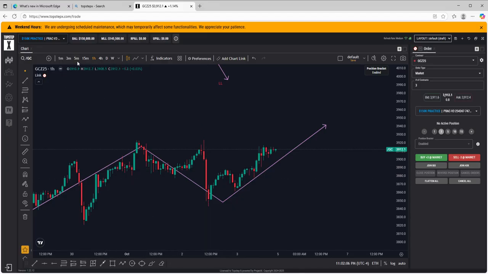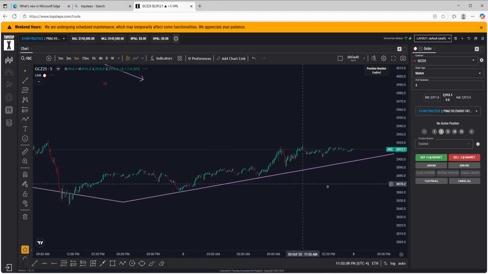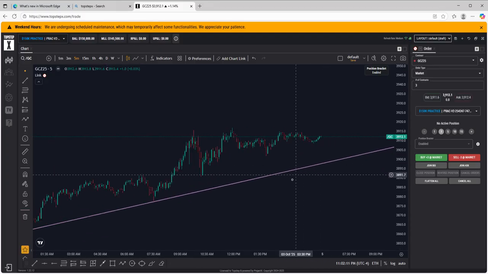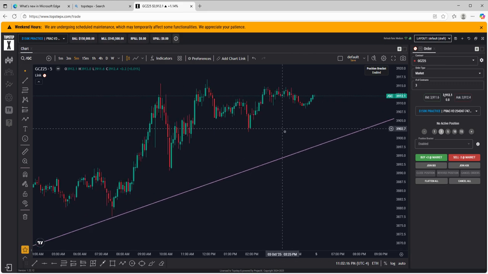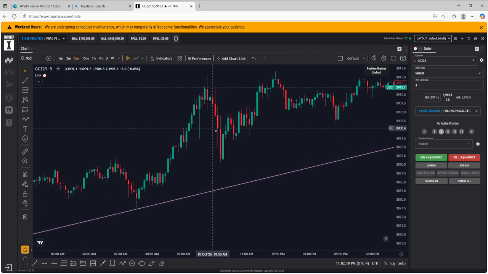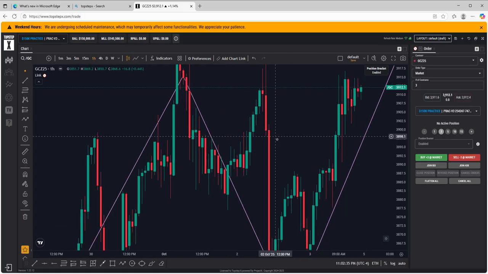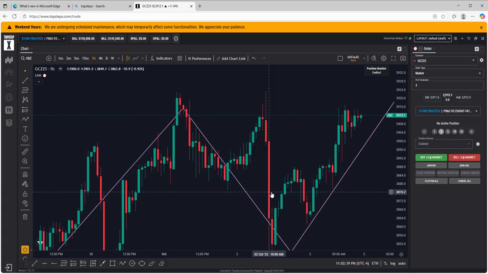But if we go down to the 5-minute, October 2nd, let's look at 10 a.m. We have 10 a.m., 10:05, 10:10, 10:15, 10:20. Do y'all see how this one candle represented 10 a.m.?